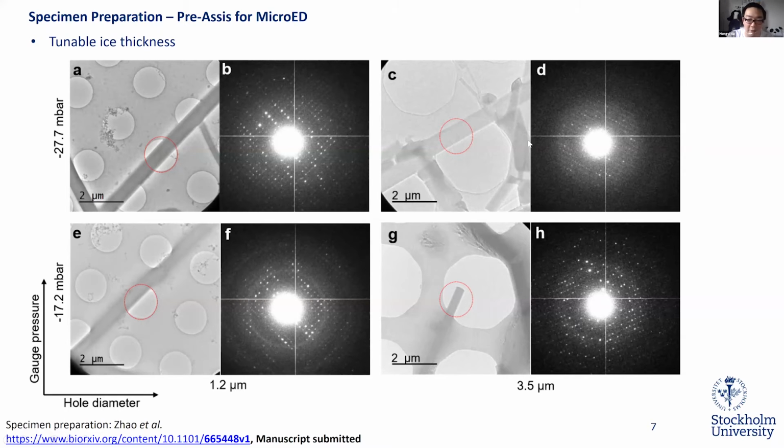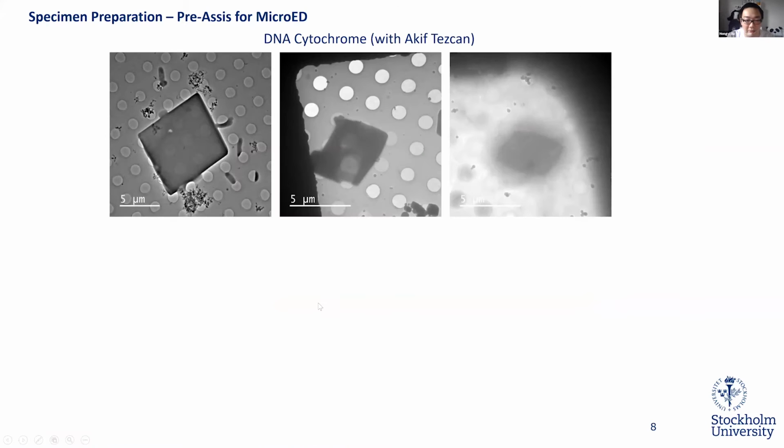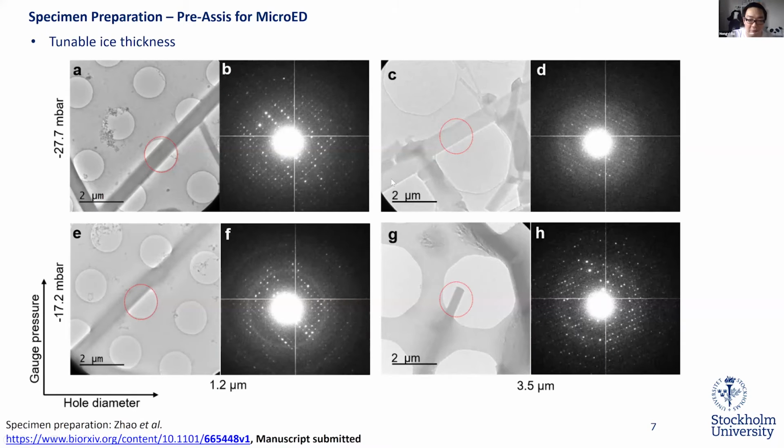If we have very large holes with large pressure, we end up with a dehydrated crystal in this case, and the ice is the thinnest. If we look at the other extreme case, where we have very small holes but small suction underneath, we get ice rings, so the ice is slightly too thick. For micro-ED experiments, we want to have the ice around the crystal as thin as possible while keeping it hydrated.